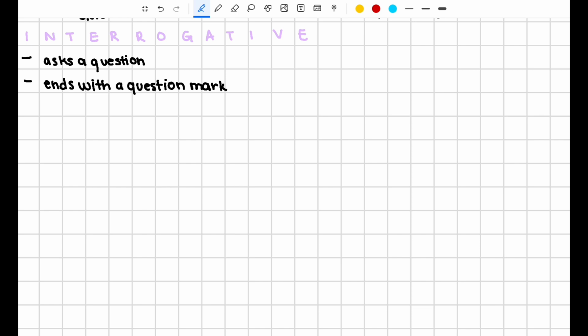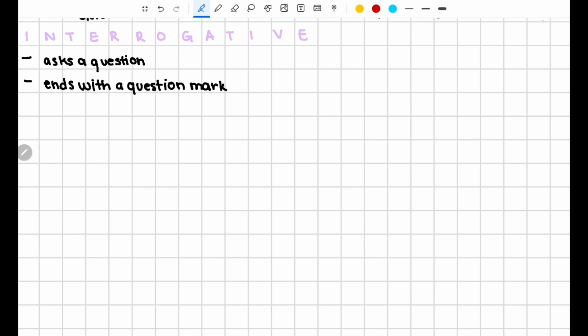But note that sometimes in stories, when it's a question but it's also expressing surprise or disbelief, you will see both a question mark and an exclamation mark. That is just conveying that specific feeling. But in regular context, interrogative sentences end with just a question mark.